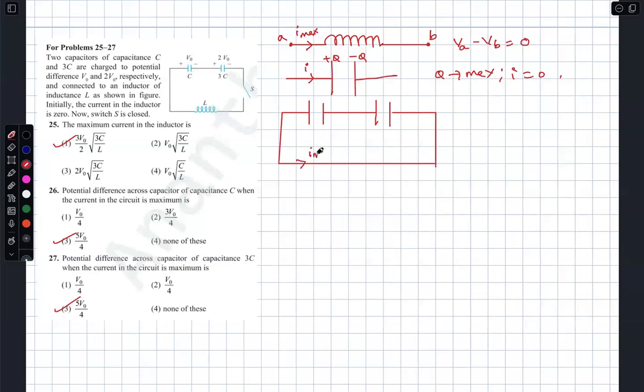When you have maximum current, boys and girls, this is the sentiment step.